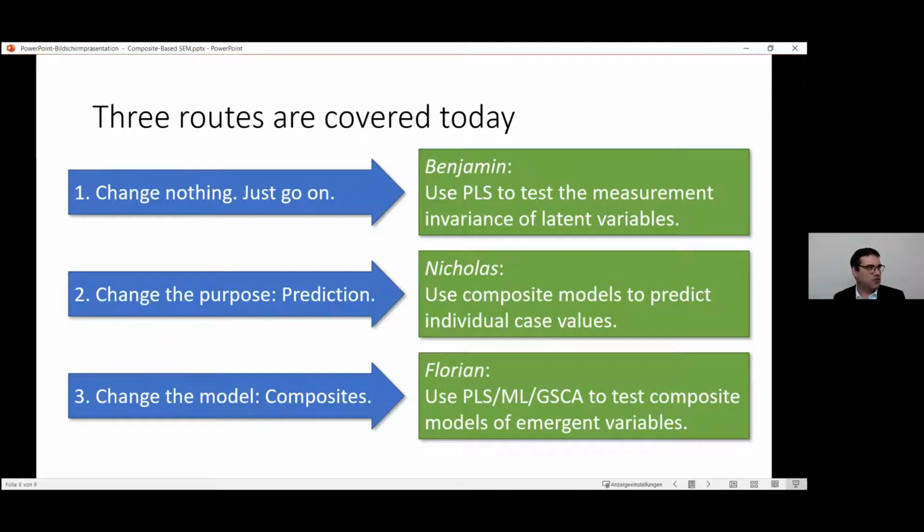The second route is changing the purpose, and there Nicholas said, okay, let's use composite models to predict individual case values. There's value in that, and let's go that route. And the third one is, well, let's change the model. Let's not talk about the latent variable model anymore. That's something where covariance-based structural equation modeling does sort of the optimal job.